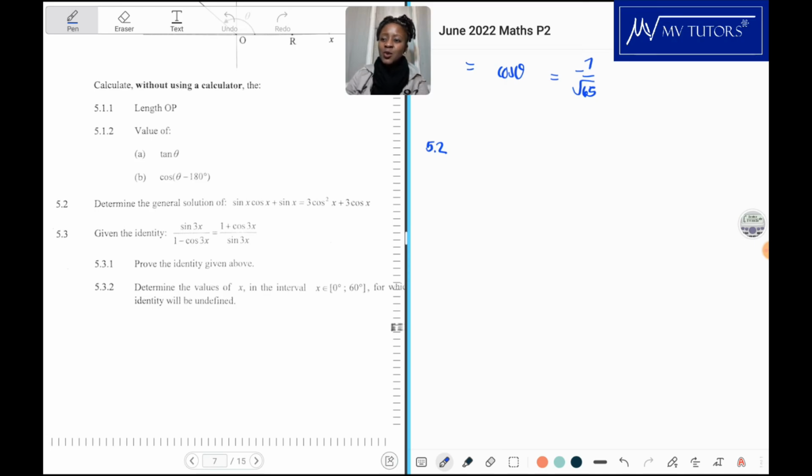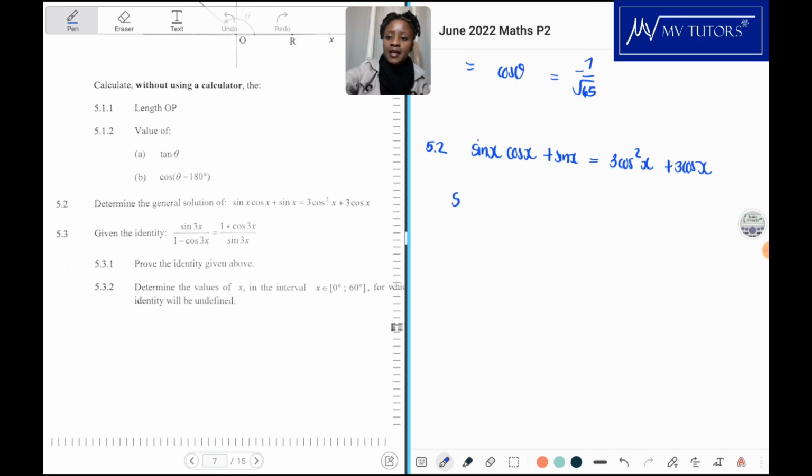Okay, so we have sine x times cos x plus sine x being equal to 3 cos squared x plus 3 cos x. So as I'm writing this down, I can see that I can factor here. I have a common factor on both sides.